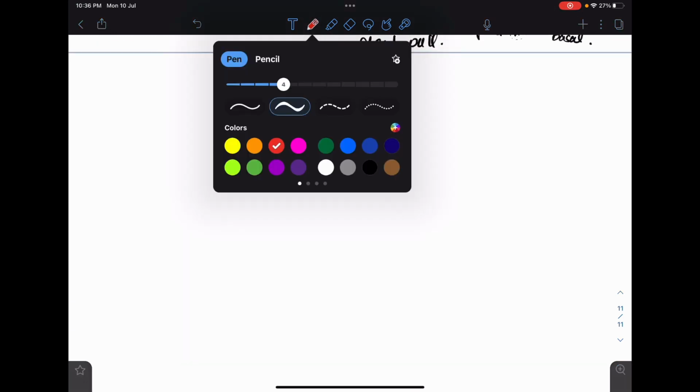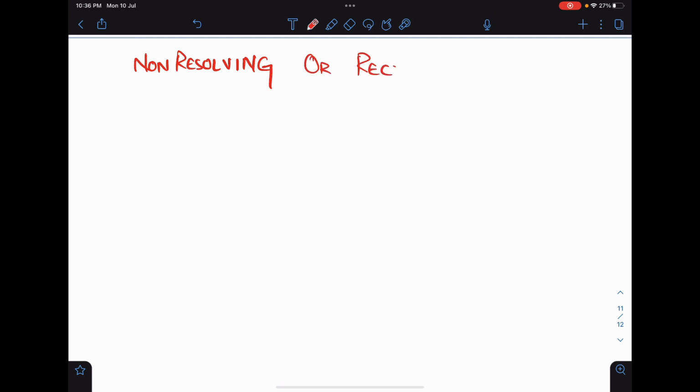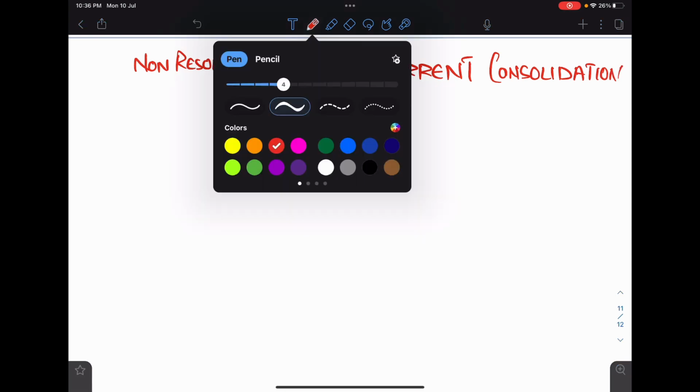The next is consolidation that can be recurrent or non-resolving, that doesn't resolve or keeps on coming again.